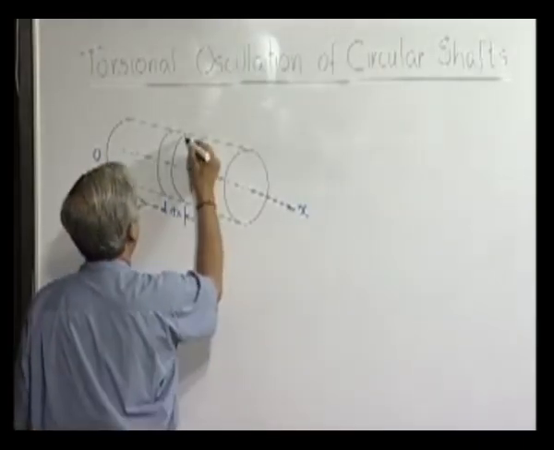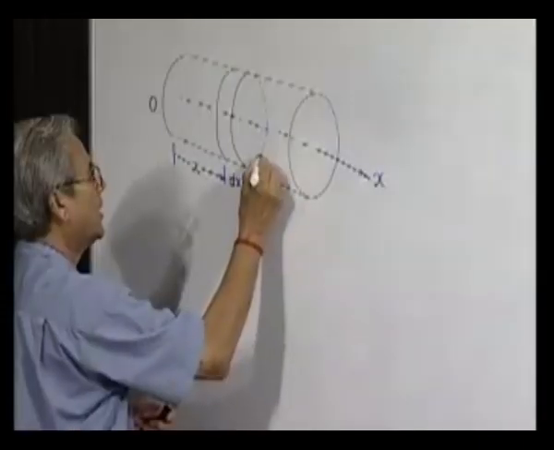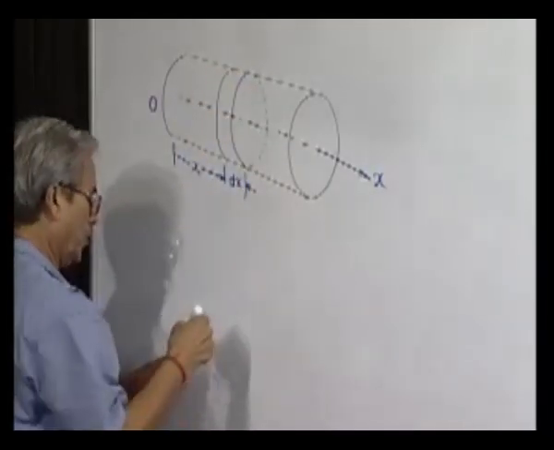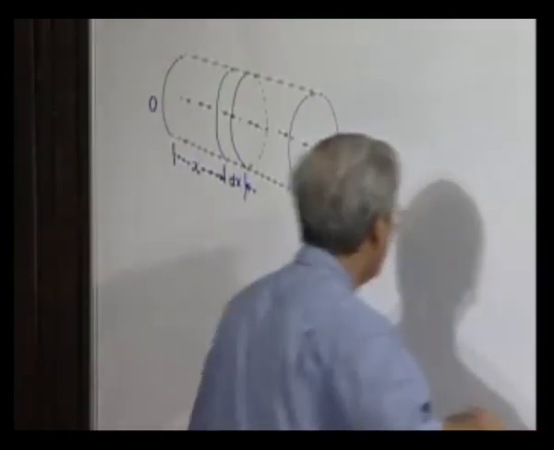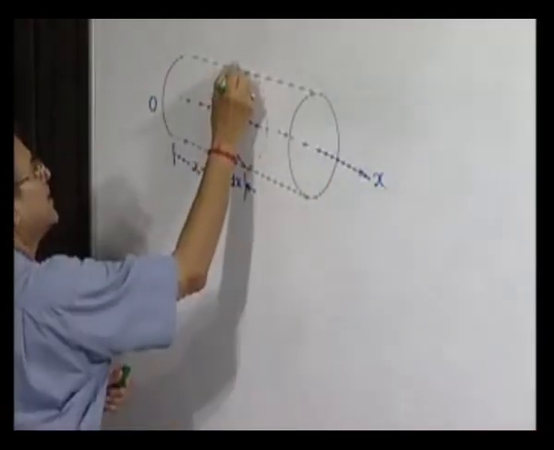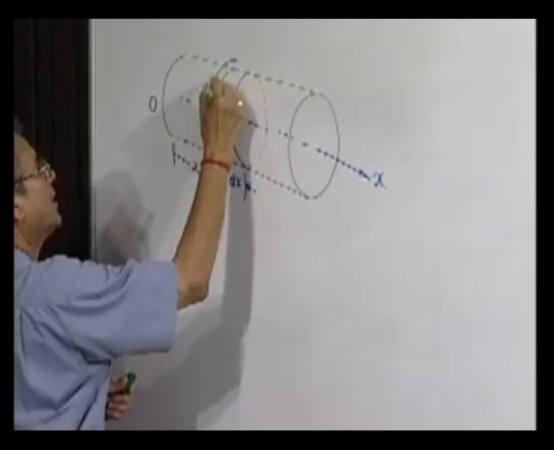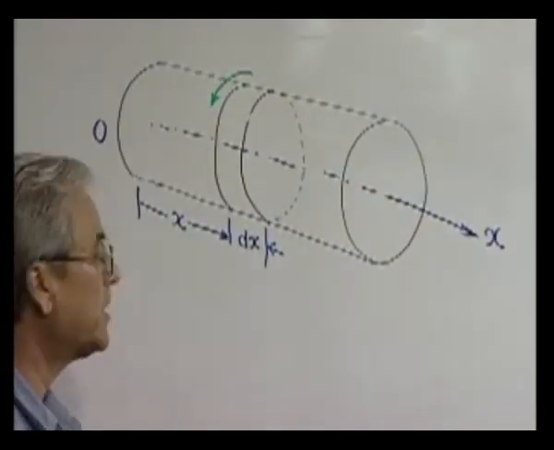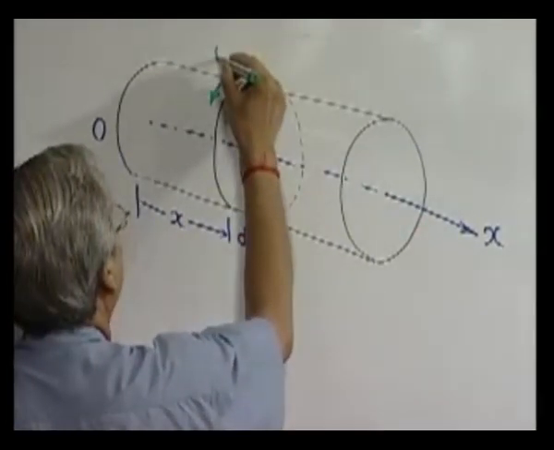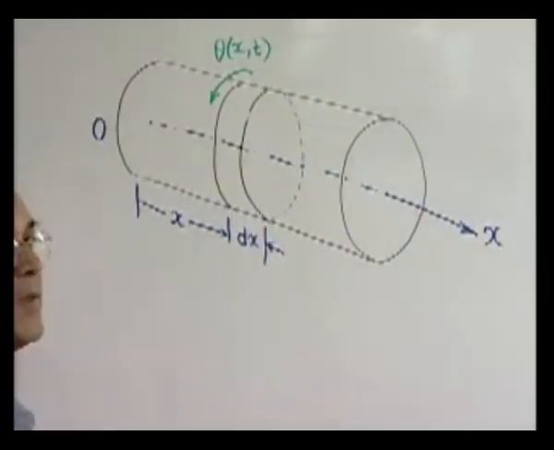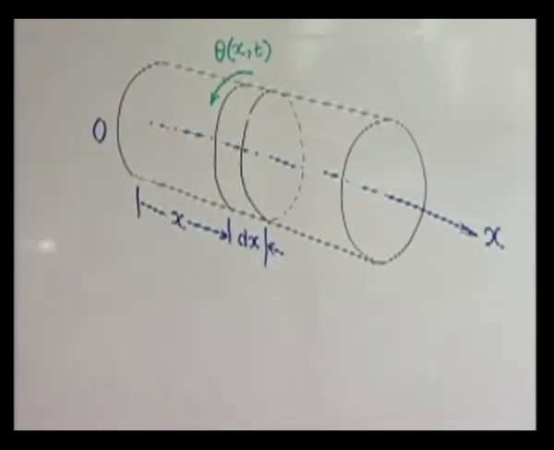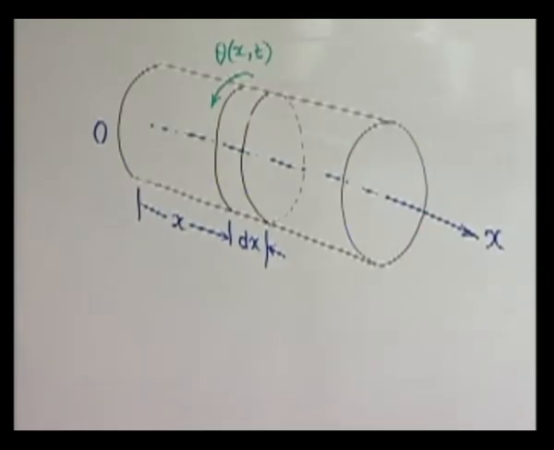If we imagine this element of infinitesimally small thickness, the displacements will be, if you take the plane which is at a distance x, this rotation. Now the displacement will not be linear displacement but angular rotation. Let this be theta, which will be a function of x and time. As we found in case of a bar, it was u, that is the longitudinal displacement, which was also a function of its position and also the instant we are considering.